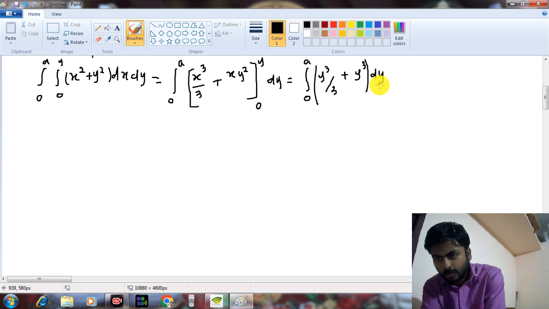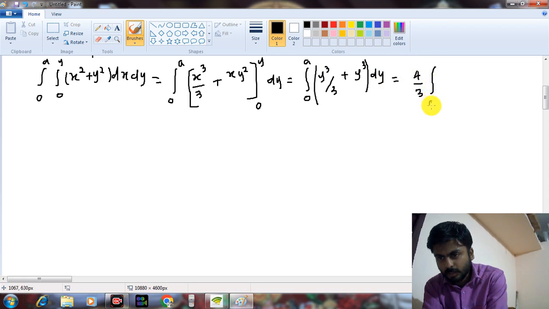Taking the LCM, I will get the constant 4 by 3 times the integral from 0 to a of y cube dy.